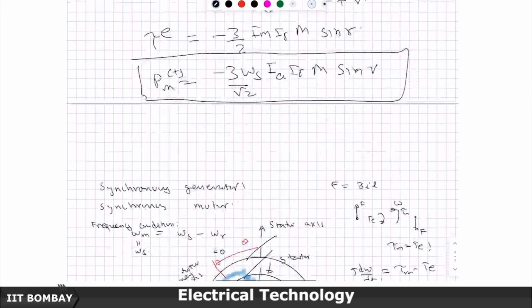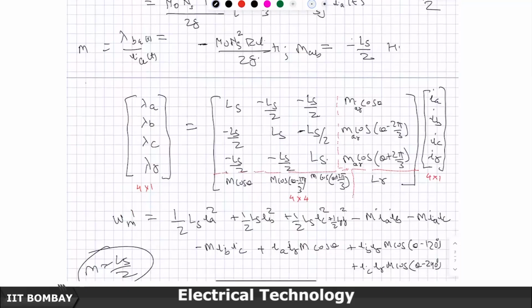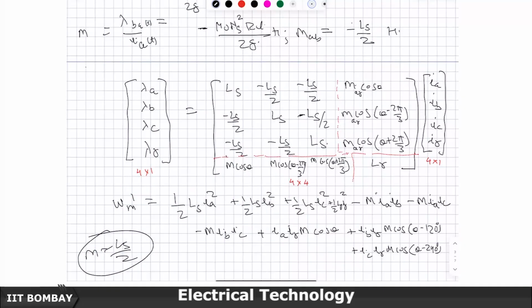I have it written more neatly here. So, I get a 4 cross 4 matrix. The inductance matrix here is a 4 cross 4 matrix.